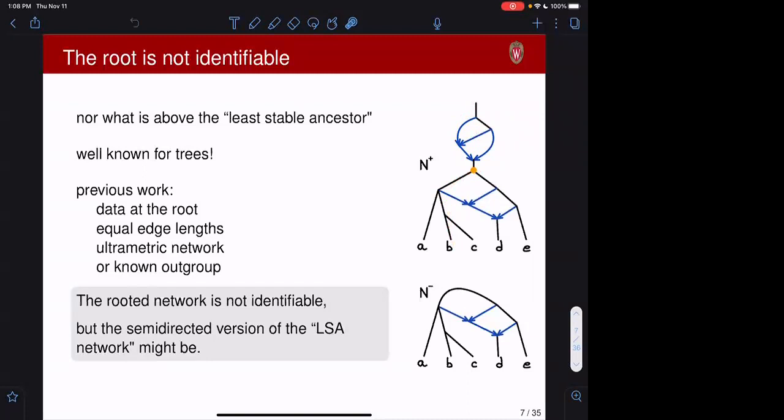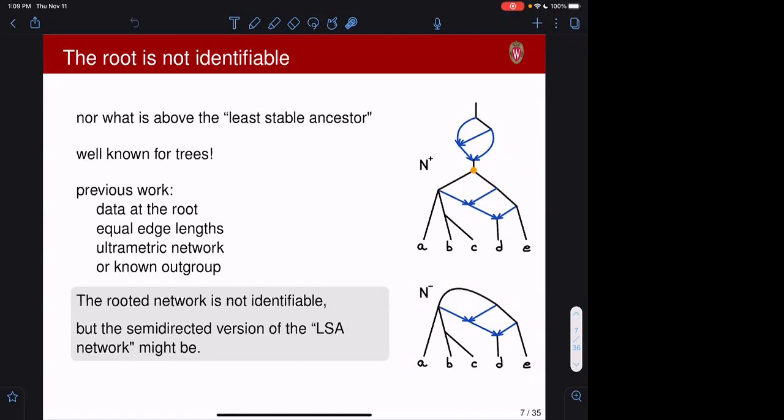So then if the root is not identifiable, what we could potentially identify is the semi-directed network. So this is a network where we remove information about the root, we remove the root, and then we remove the direction of all the tree edges. So any hybrid edge that goes into a hybrid node, these edges are kept directed, their direction is known, and any other edge, their direction is forgotten.